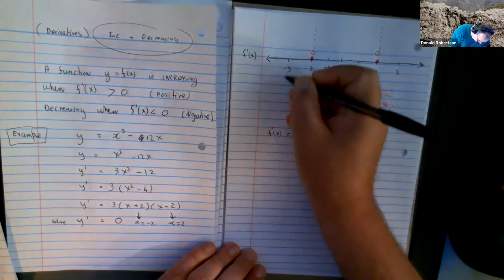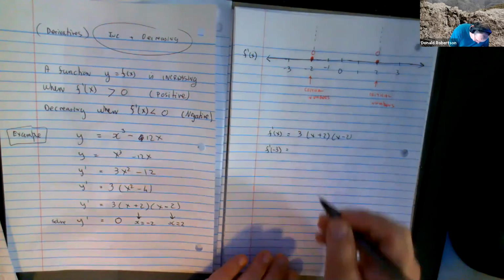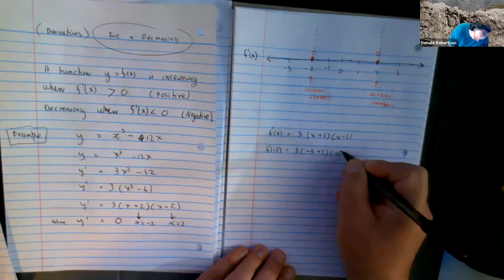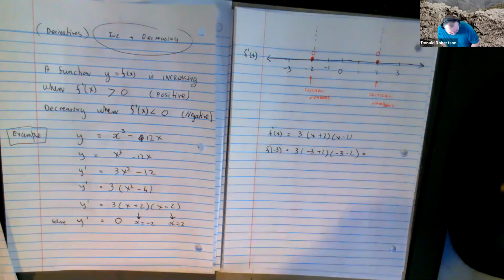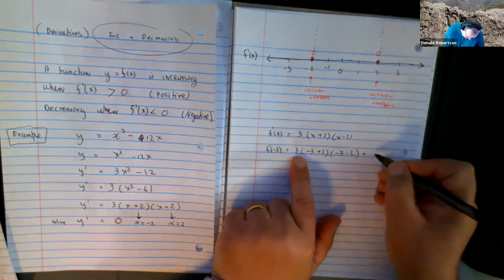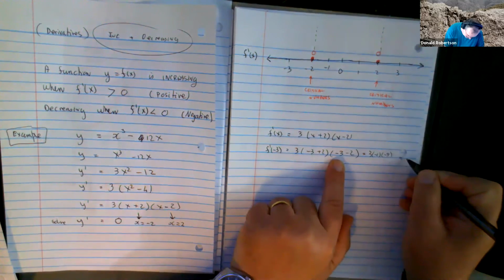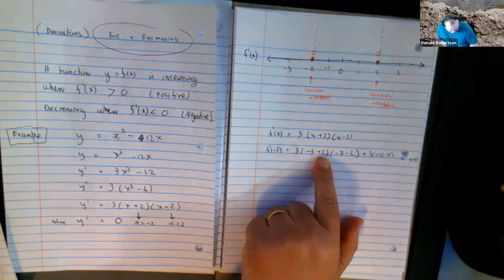And I'm going to test what the derivative is at -3. So it's 3 times that guy times that guy. Would you agree that this fella is positive 15, if I've done it right? 3 times -1 times -5.